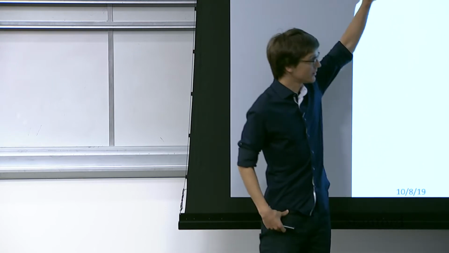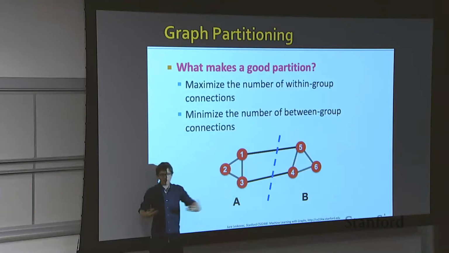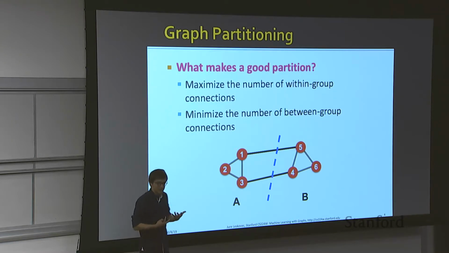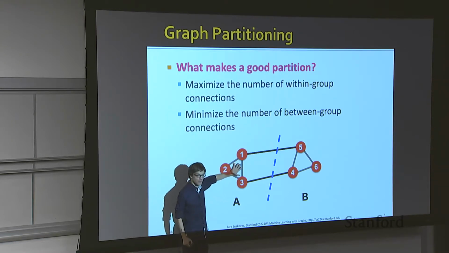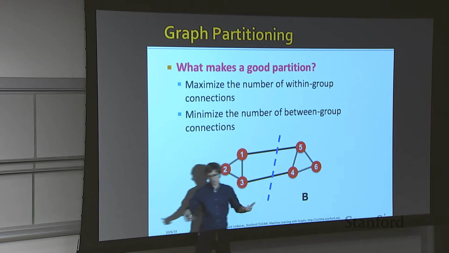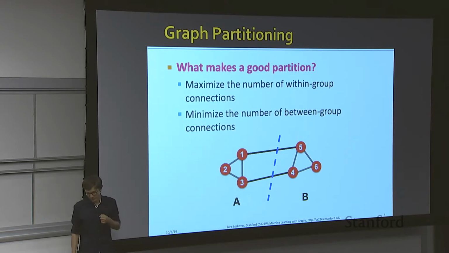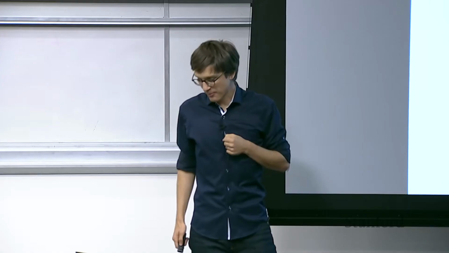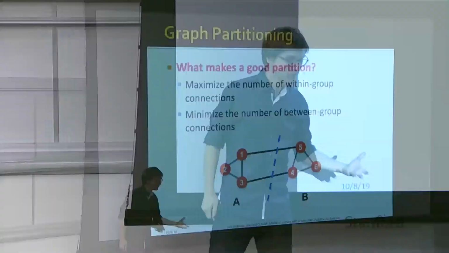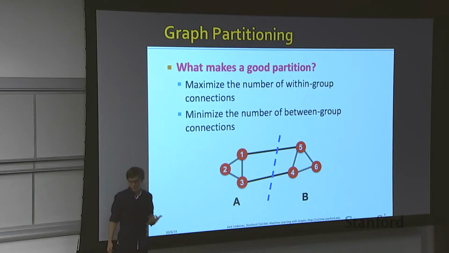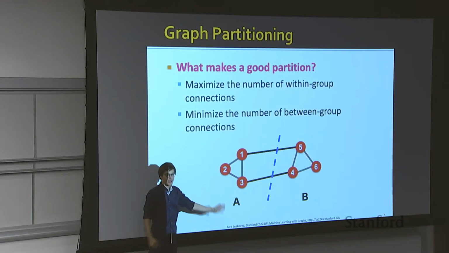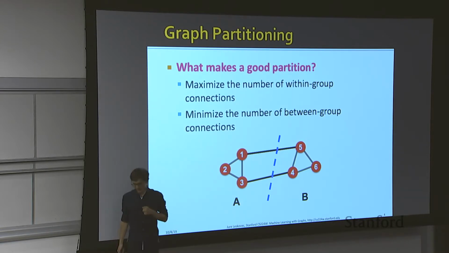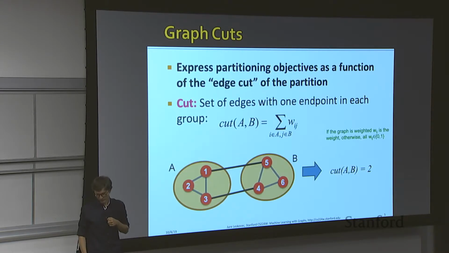So the goal is, given a graph, to find the partitions. We want to cut it into multiple pieces, with a lot of edges inside each piece and few edges across the pieces. That is the intuition we'd like to keep. The question is, how do we design a formula that captures this intuition and would split this graph in the middle as we would intuitively do?